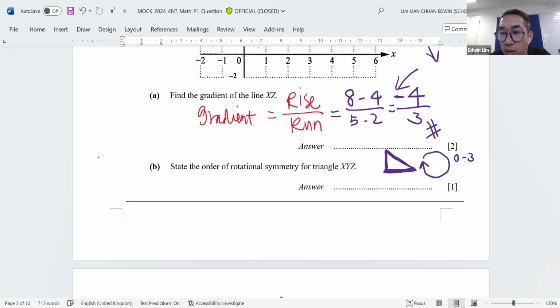You just have to turn the paper around and check how many times this should actually appear. The first time is not counted. And as you rotate one big round on the paper, you realize that this object only appeared once. So the answer is only 1 for question 7B.